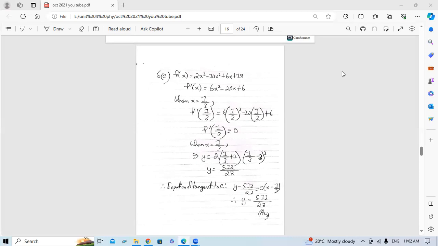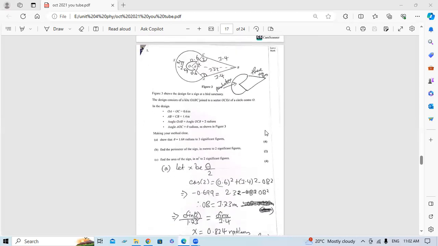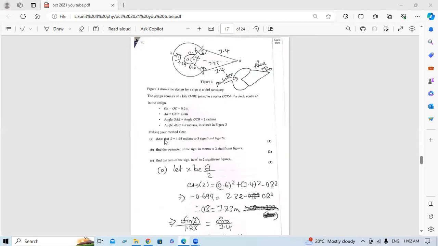Let's move on to question number 7. Figure 3 shows the design for a sign at a bird sanctuary. The design consists of a kite OABC joined to a sector OCXA of a circle center O. In the design, OA equals OC equals 0.6 meter, AB equals CB, which is 1.4 meter.